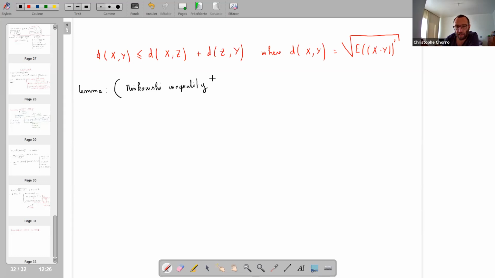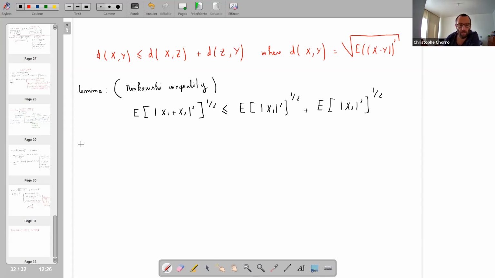It's a particular case of the Minkowski inequality that tells me that the expectation of x1 plus x2 square to the power 1/2 is always less than the expectation of x1 square to the power 1/2 plus the expectation of x2 square to the power 1/2.